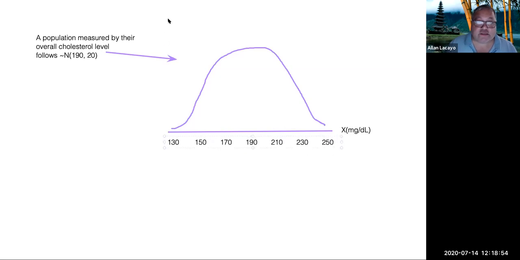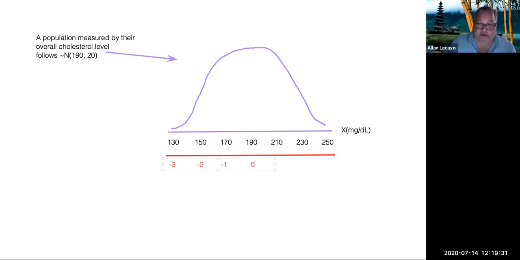And that is essentially, if we're looking at a statistical scale, if we're looking at z-scores, this would be -3 deviations from the mean, -2 deviations from the mean, -1 deviation below the mean.